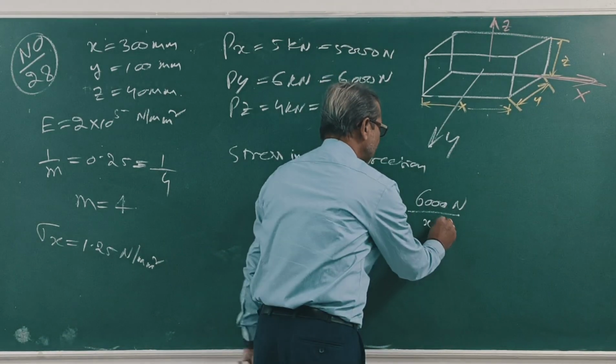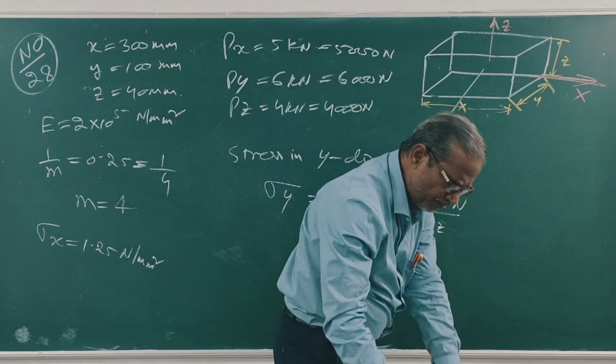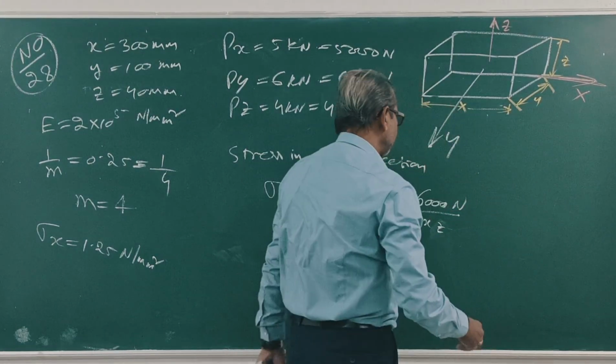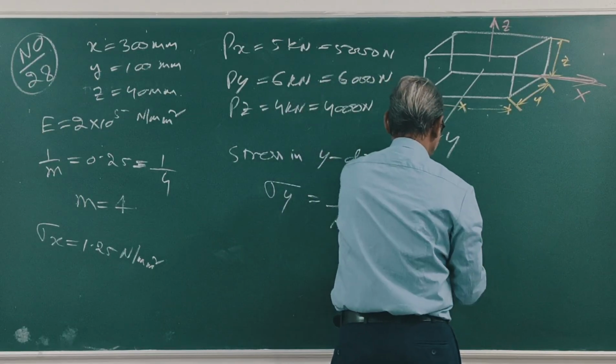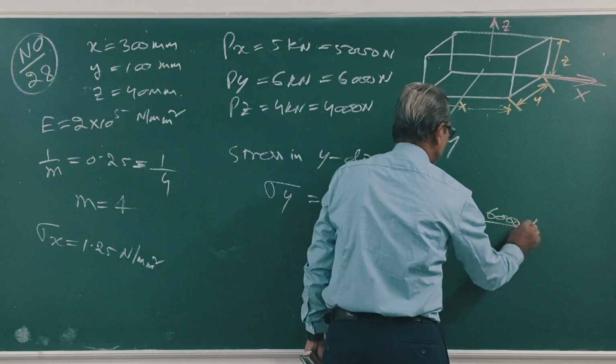X into Z. Clear? This is equal to 6000 Newton by XZ.